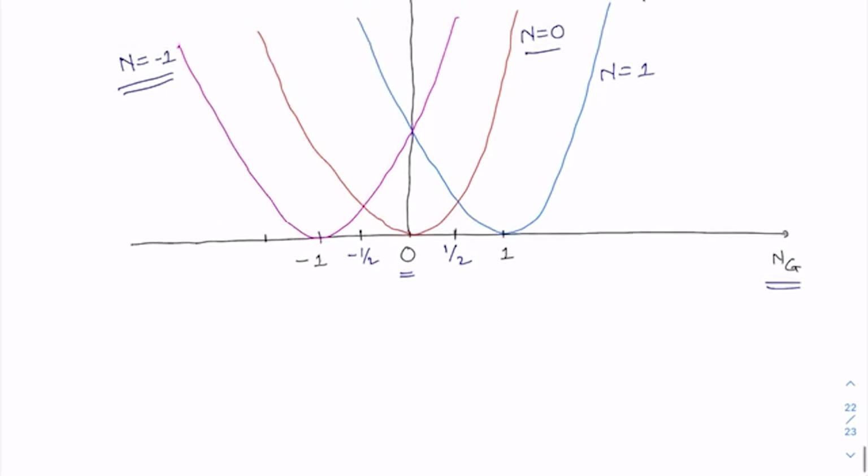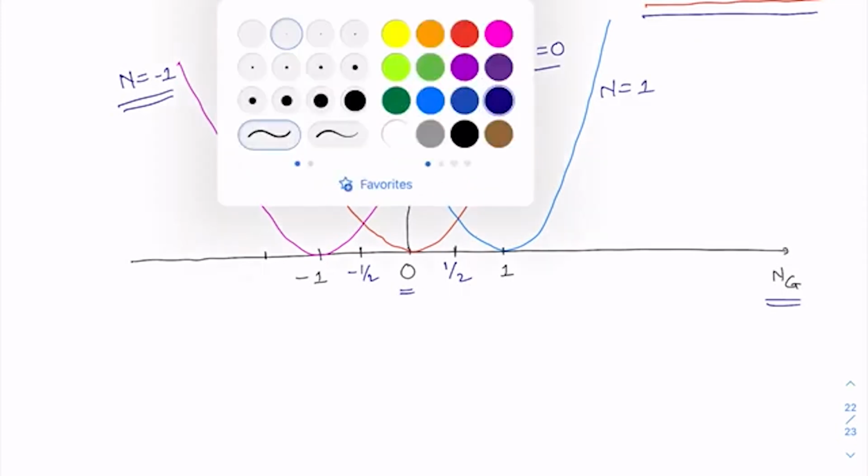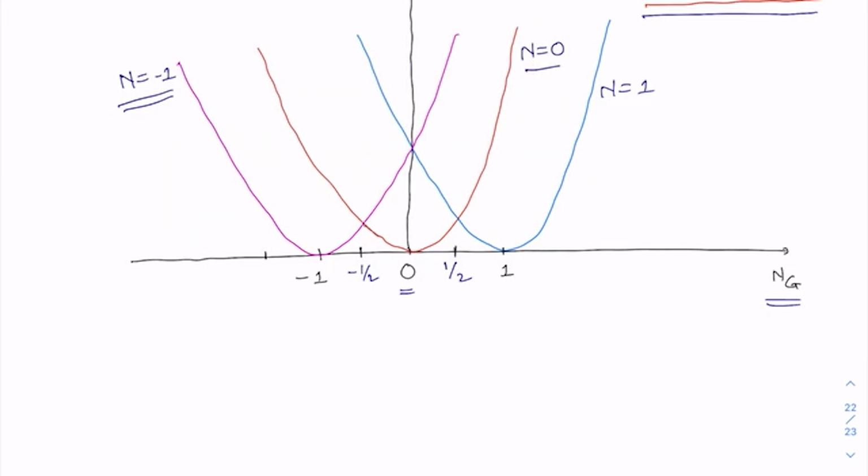Now, if the tunneling term is 0, the ground state energy as a function of NG simply refers to the lower branch. For example, if NG lies between minus half and plus half, then the preferred charge state would be capital N is equal to 0, and this ground state would correspond to this lower branch.